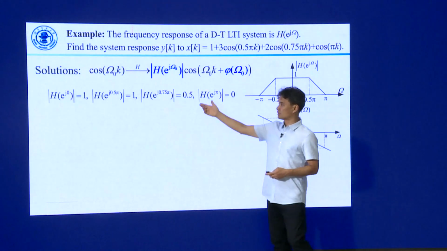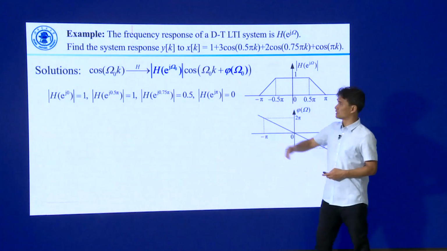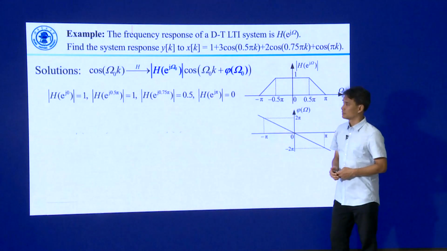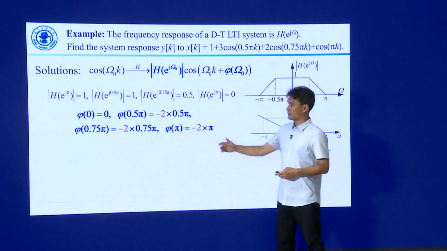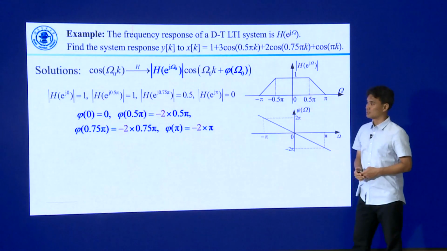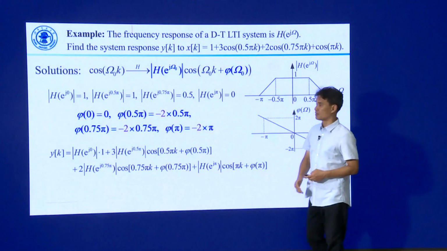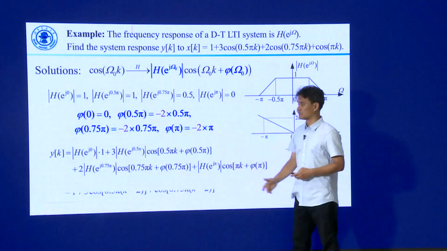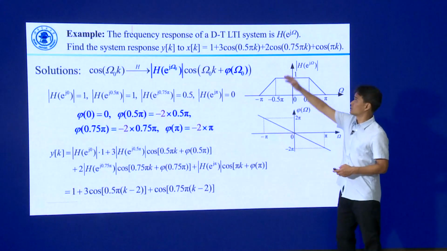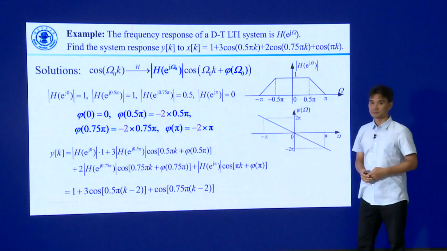So these are the amplitude responses to the specific frequency components. And these are the phase responses to the specific frequency components. And we just sum them up to get the zero-state response of the system to this input signal.